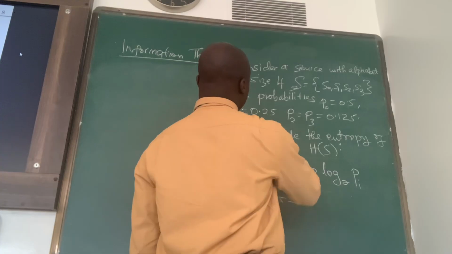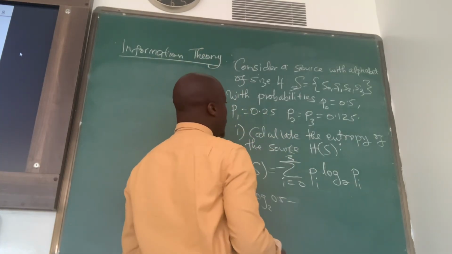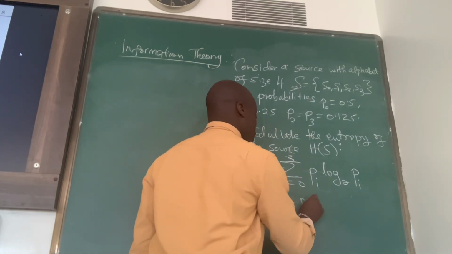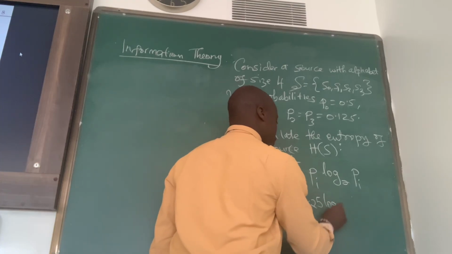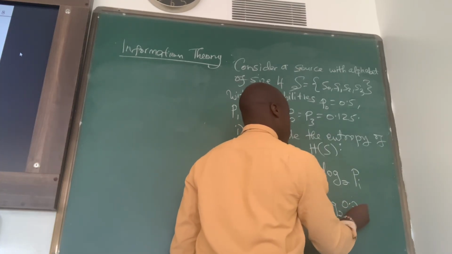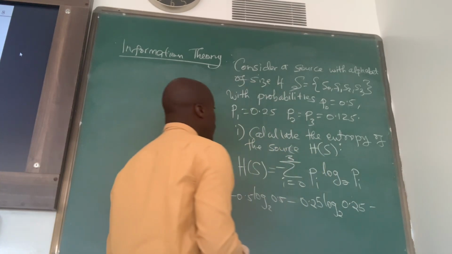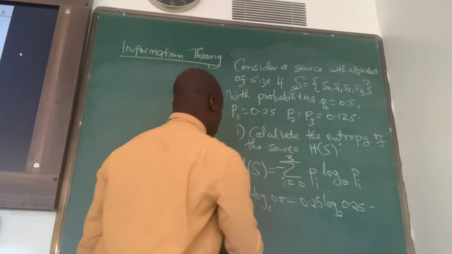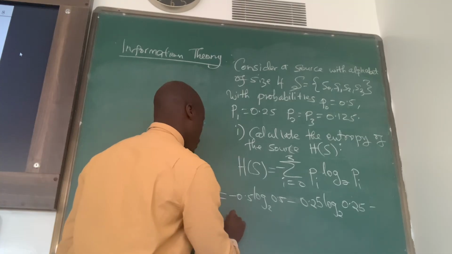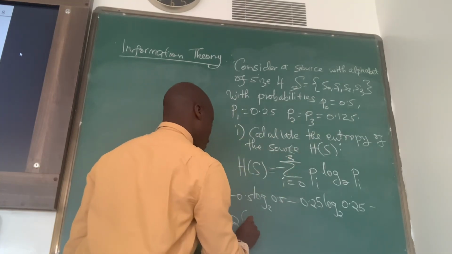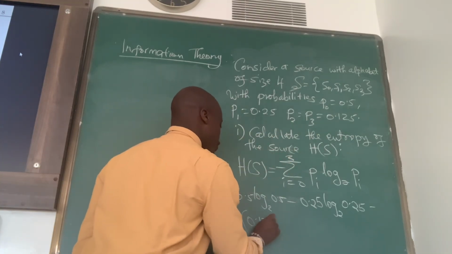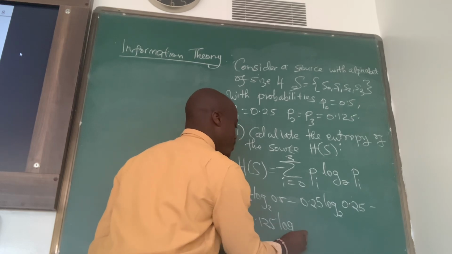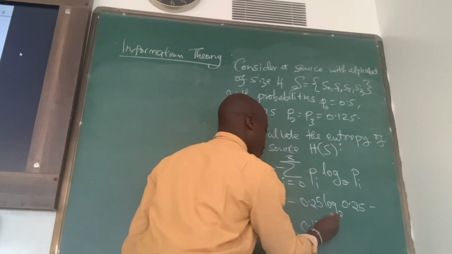Minus, when i equals 1, Pi is 0.25, so 0.25 times log base 2 of 0.25. Then minus, when i equals 2 and 3, they are the same, so I can just do minus 2 times 0.125 log base 2 of 0.125.